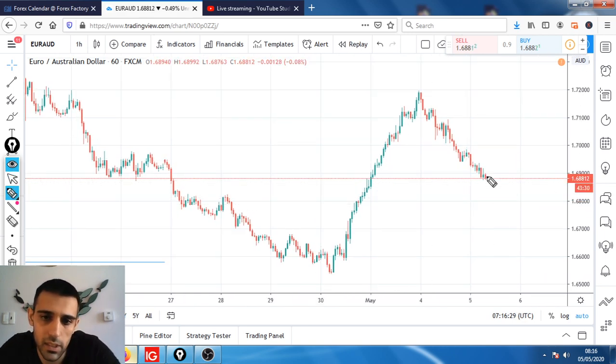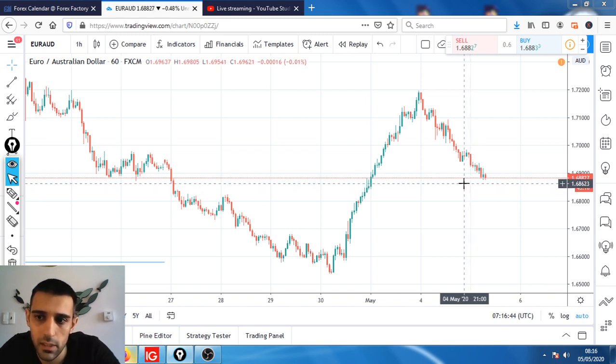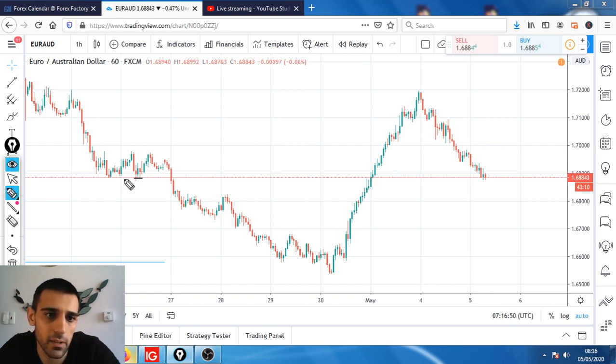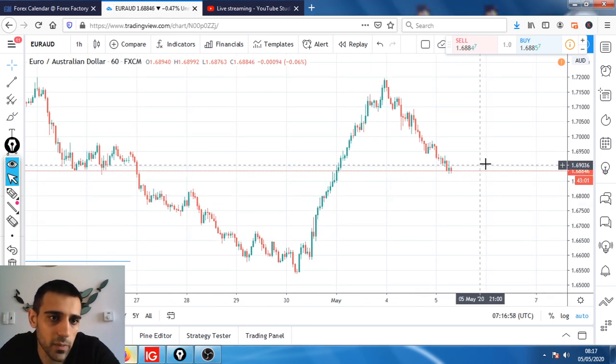So I do want to see the close of this 1-hourly candle. Ideally the price comes down and we see a nice bearish close, down to somewhere around 168.65. I want to see the price taking out this spike low down here. Then I will be looking for the retracement towards the upside.